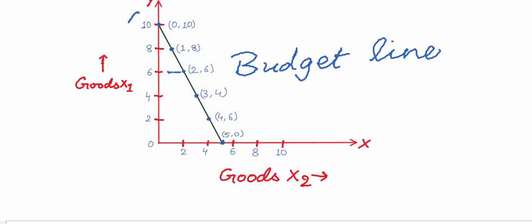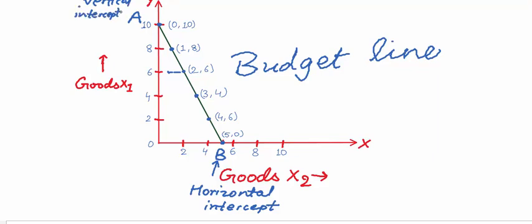Let's assume that the given point at 10 units is A, and at 5 units the intercept on the x-axis is the point B. Here B is the intercept on the x-axis, which we can call the horizontal intercept, whereas the point A with the intercept on the y-axis can be called the vertical intercept. AB is the budget line of the consumer.